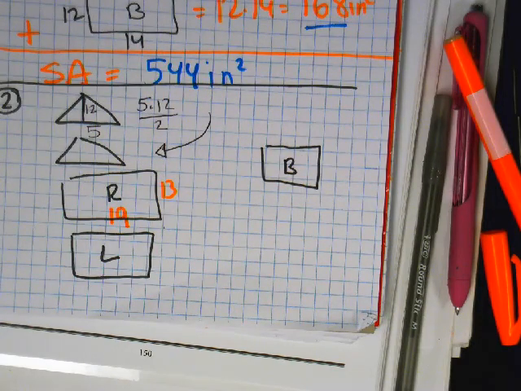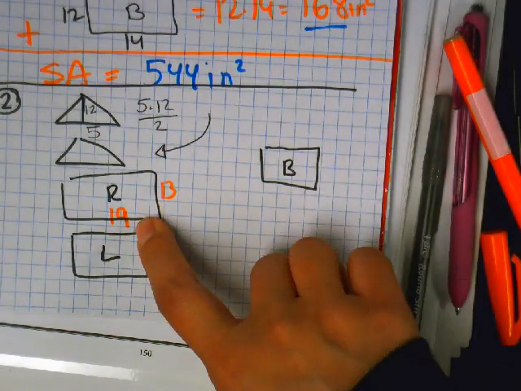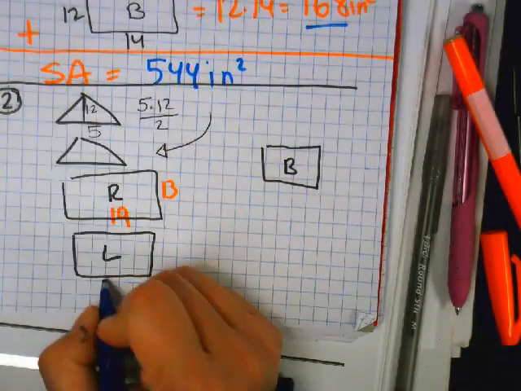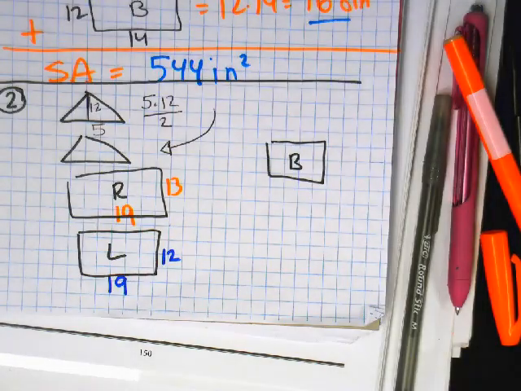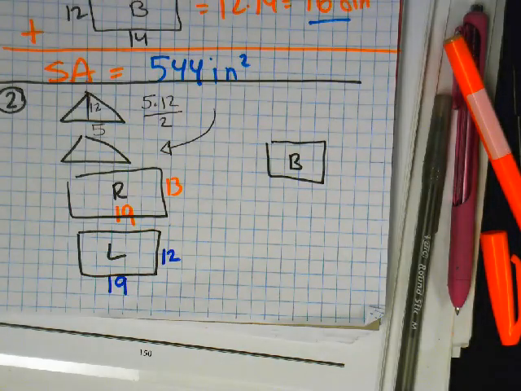Did you use 19 and 13, and 19 and 12? And then what's the last combo that you used? 19 and 5. Oh, you did the bottom.